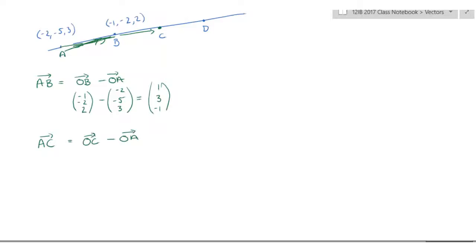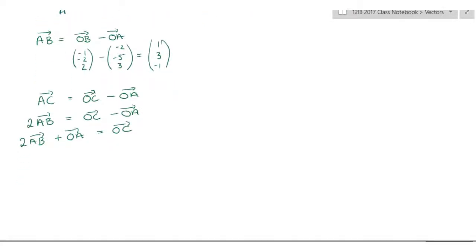Now AC, we know, is 2 lots of AB, because they're equal distance and they're along the straight line. So it's 2 lots of it, and we have not done anything to this side. Now we want to find OC, and we know everything else. So if we add on OA, 2AB plus OA gives us our OC. I've just added OA to both sides.